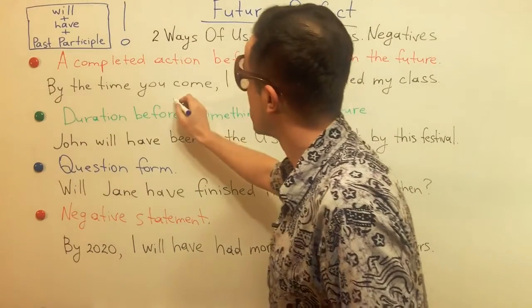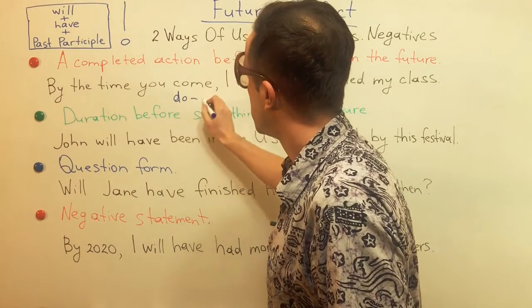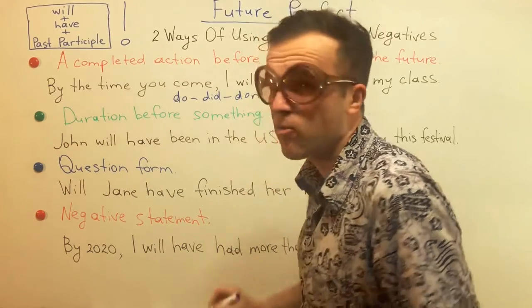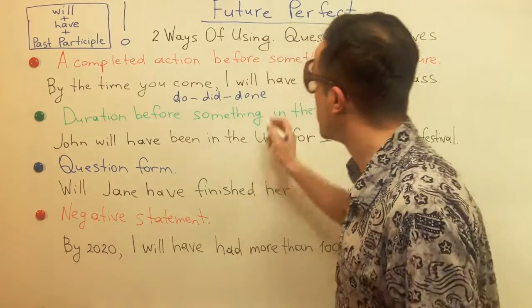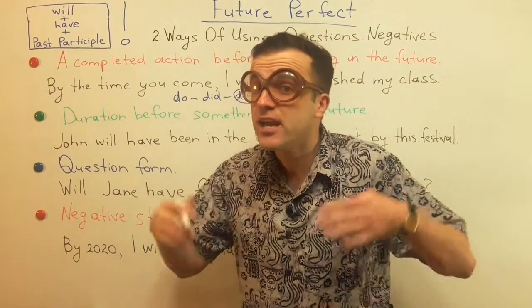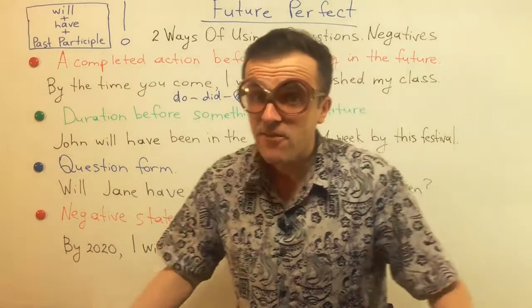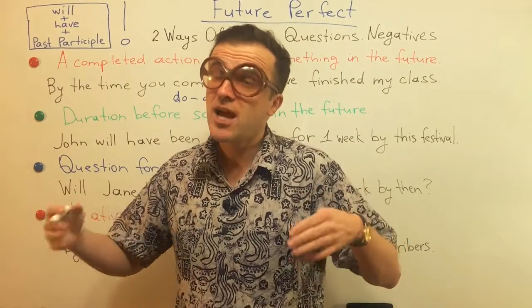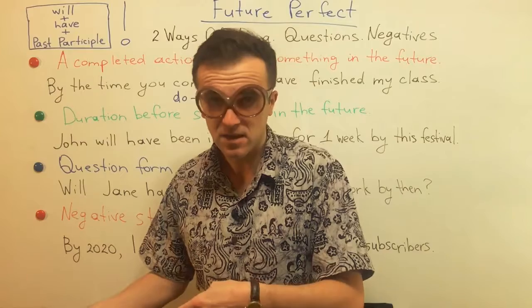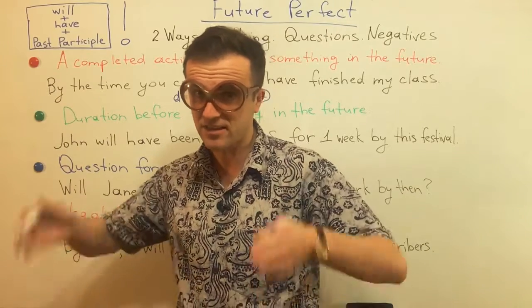We take the third form, so we are interested in done. In some regular verbs, we just have ed at the end of the verb, for example, play, played. So we are interested in the third form.